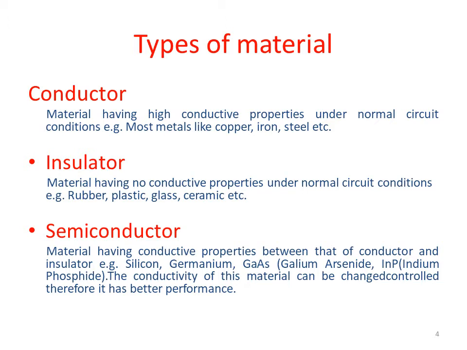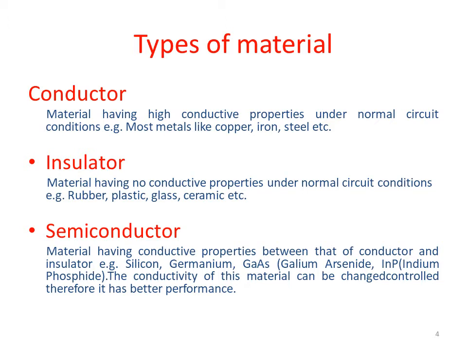This means that if you apply any kind of voltage to the insulator, even under normal circuit conditions or at some special pressure or some special temperature, it is usually impossible that the insulator will start conduction. It will not give you any flow of current. Examples can be ceramic, glass, plastic, rubber, etc.